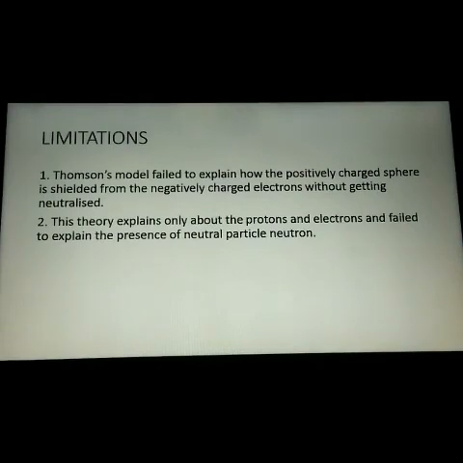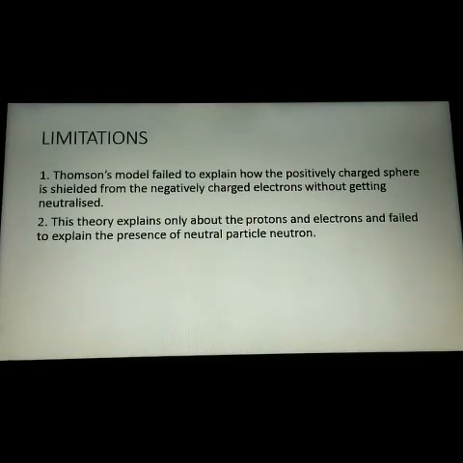Now let us move into the limitations of Thomson's atomic model. According to Thomson's model, it failed to explain how the negatively charged electrons and the positively charged sphere coexist without getting neutralized. Thomson's research failed to explain how the positively charged sphere is shielded from the negatively charged electrons without getting neutralized.